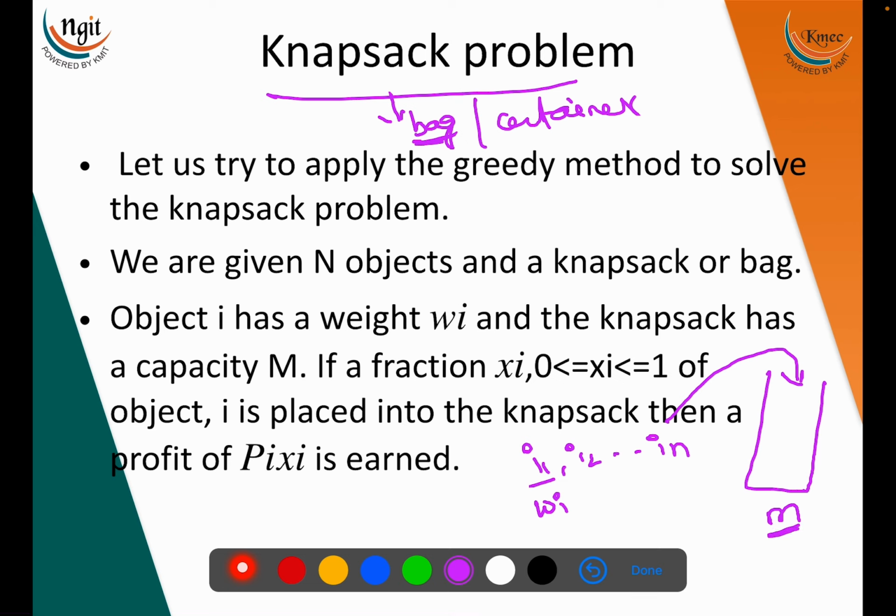Now, I cannot place all the items in the bag while keeping the constraint that the bag load should always be less than or equal to m.